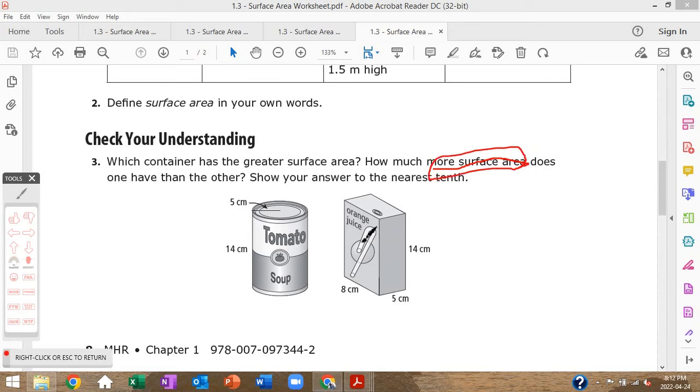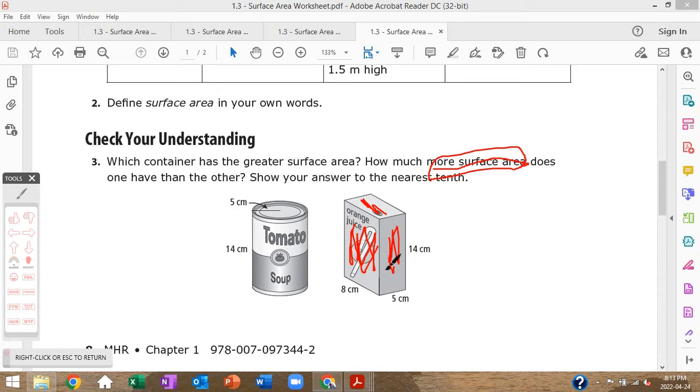Okay, so again, if I'm looking at this, I'm going to say, well, I've got 2 sides that are 8 by 5, the top up here and the bottom that we can't see. I have two sides that are 14 by 5, this side here and the one in the back that we can't see. And I have two that are 8 by 14, this one here and then the one on the back that we can't see.